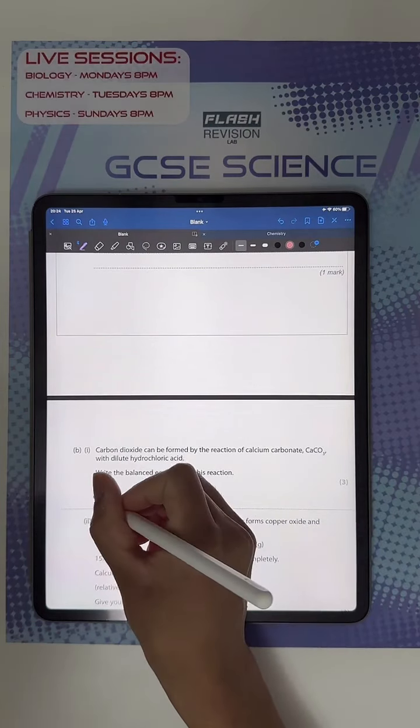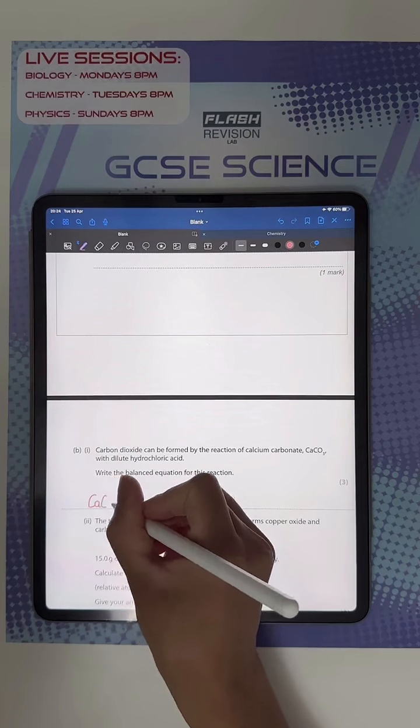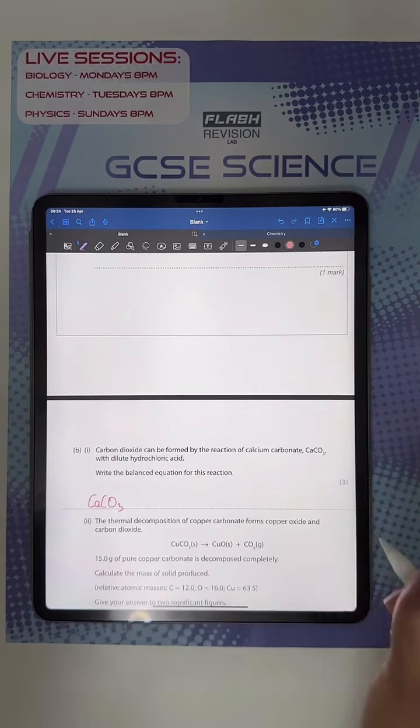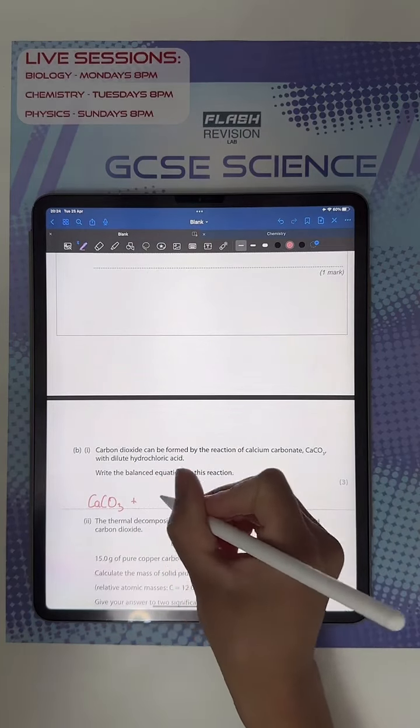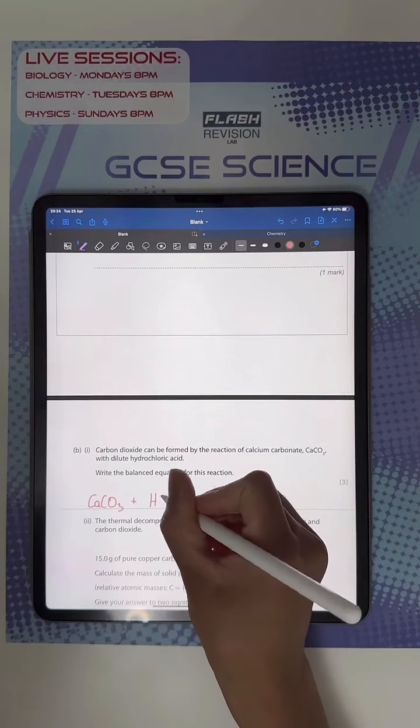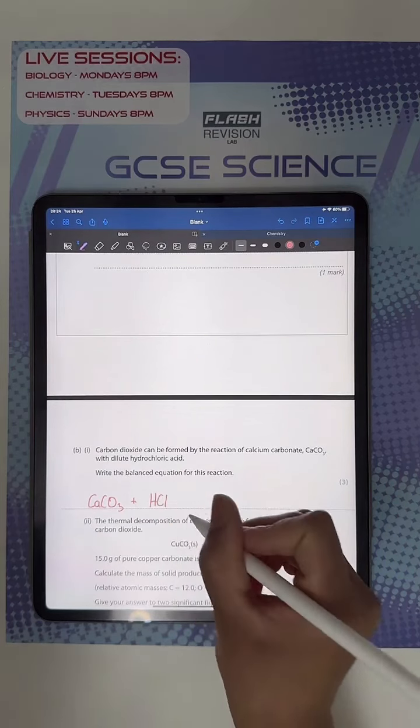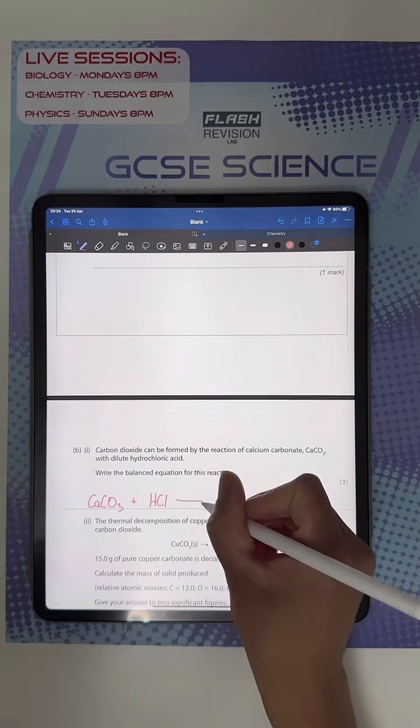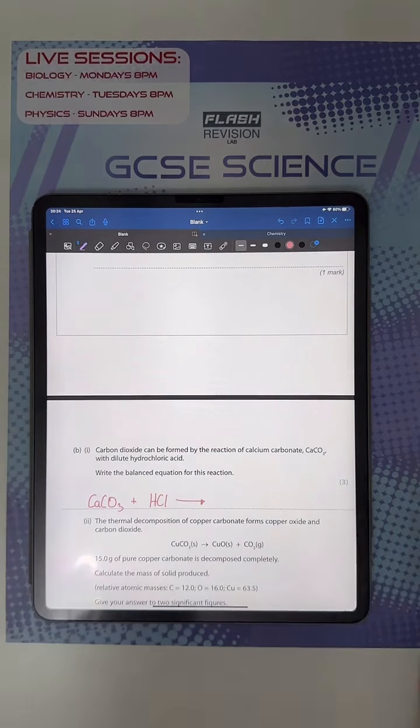So our reactants are going to be calcium carbonate, which they've told us is CaCO3, with hydrochloric acid, which is HCl. So this is a carbonate being reacted with an acid. This is actually not a moles question, but you probably won't get one full moles question. It will just be a part of a question.